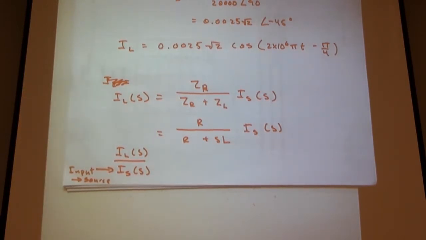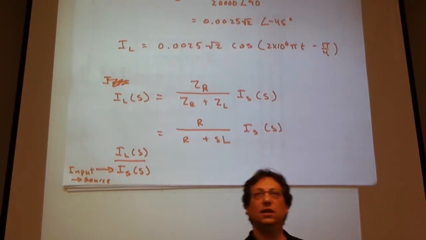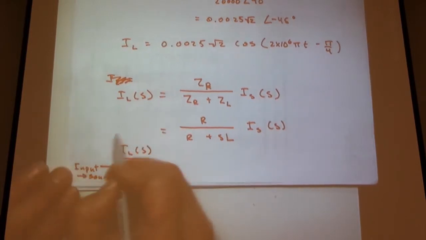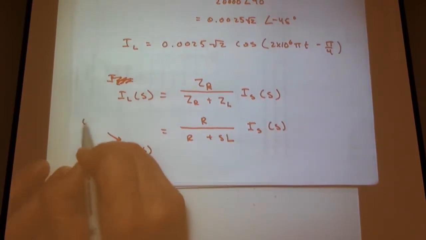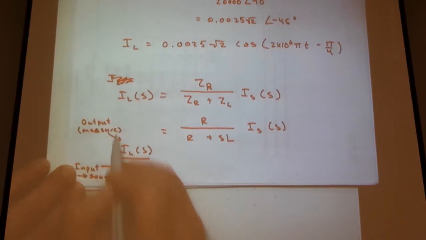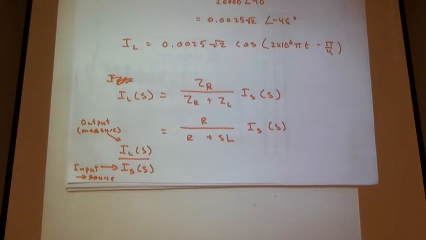So the source is what we control. That's our input to the system. It's fairly logical. Here's an output. Output is what we measure. And it may be what we use to do work for us or whatever. In this case, we're just treating it as a math problem. But there's our output over our input.